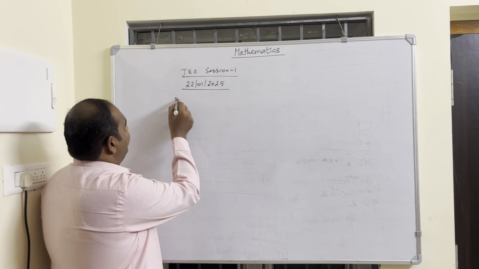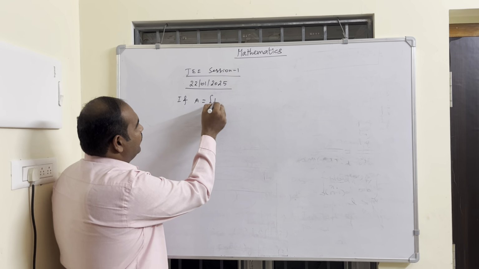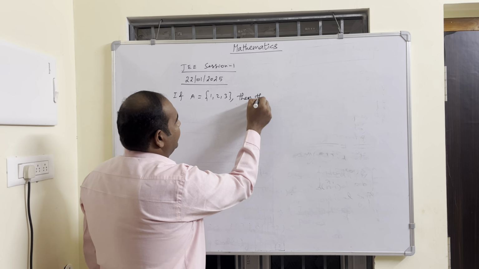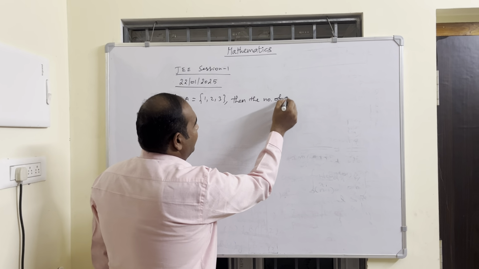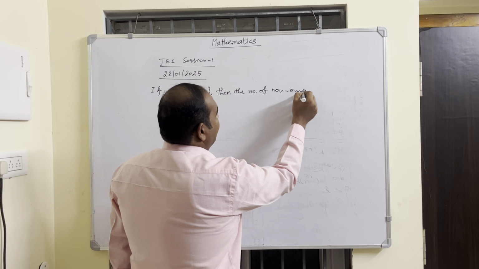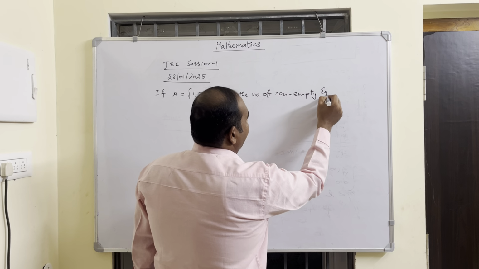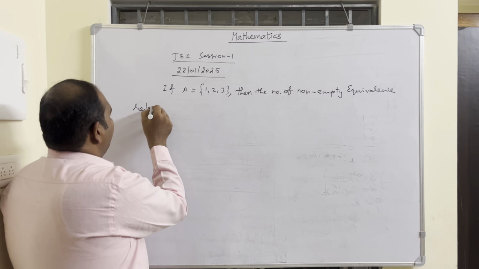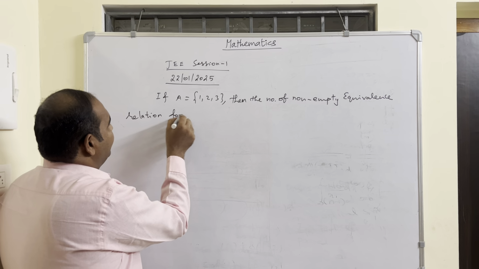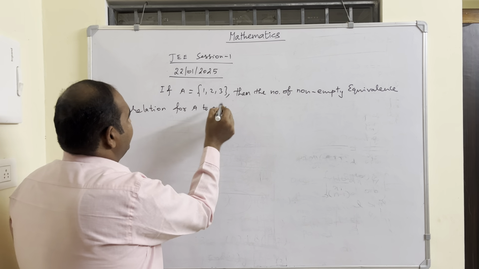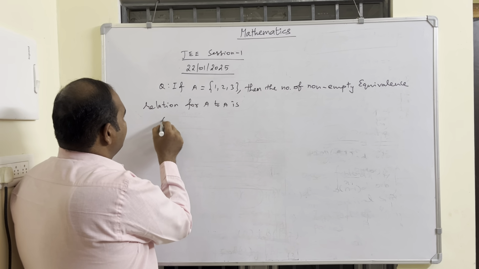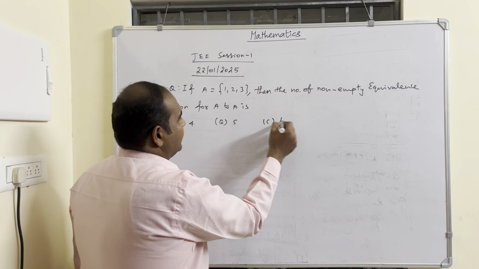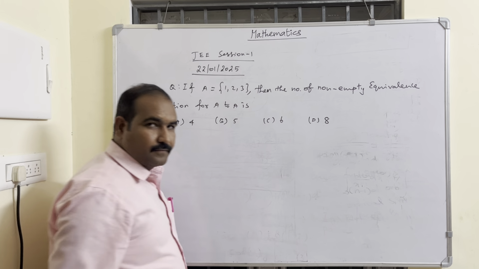If the set A contains the elements 1, 2, 3, then the number of non-empty equivalence relations from A to A is, this is the question. The options are 4, 5, 6 and 8.